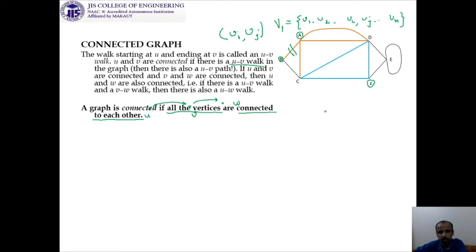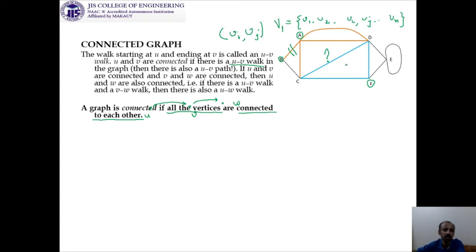So if you want to check whether this is a connected graph or not, you have to check for AB, AC, AD, AE, AF. Parallelly, BA is already considered, so BC, BD, BE, BF and so on. For every pair, it has to be there.